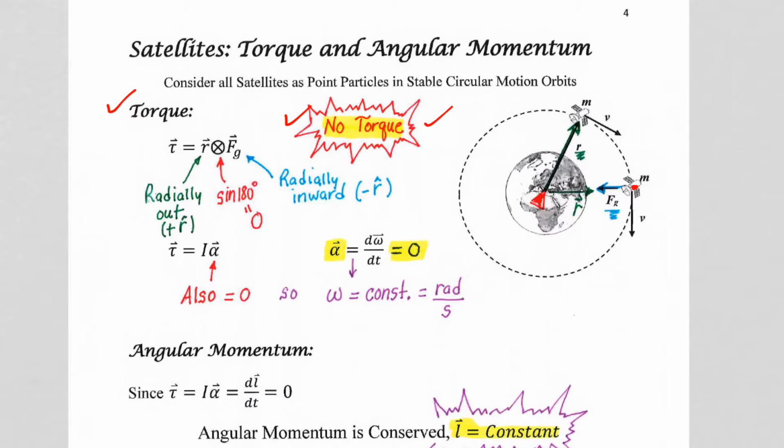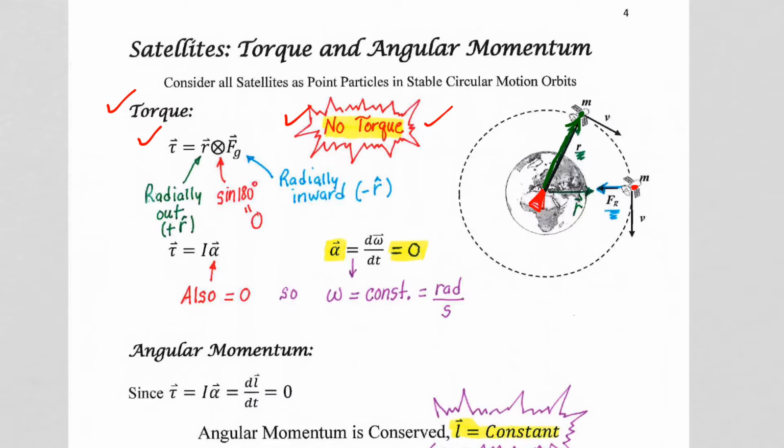Remember that we are always using our definition for torque, R cross F, to calculate the torque on an object. If we are considering, as we are, the pivot point to be the center of mass of the Earth, then our R vector goes from the pivot point out to where the force acts, and the force is acting on our point particle satellite.